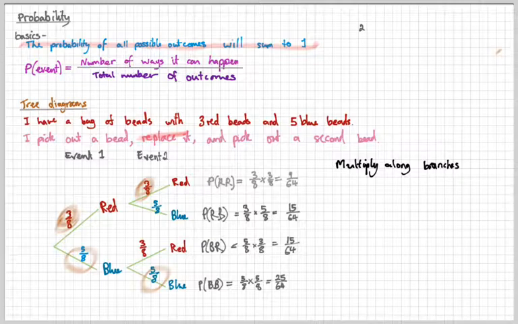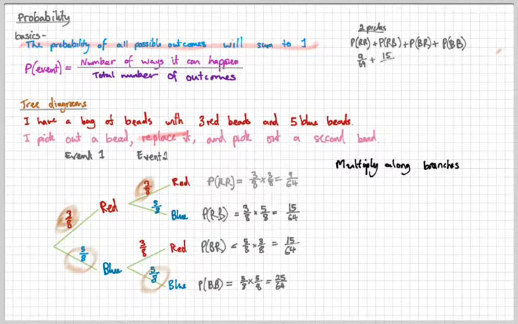So if we were to add all of these outcomes up, they should add up to 1. We can check that. The probability of red then red plus red blue plus blue red plus blue blue is 9/64 plus 15/64 plus 15/64 plus 25/64. This indeed adds up to 64/64. So we've listed all the outcomes.